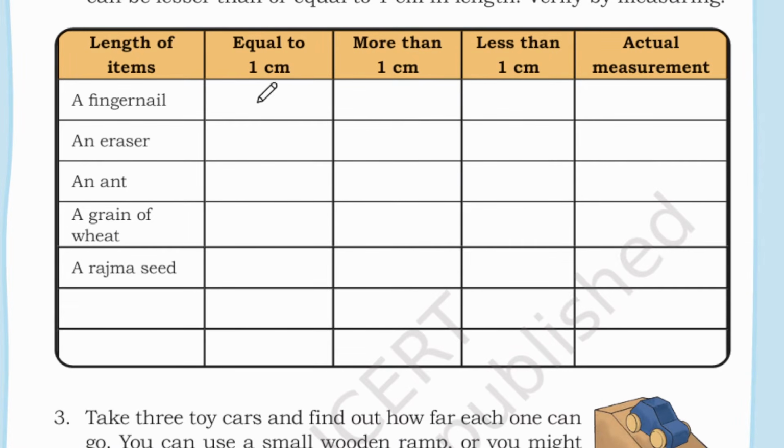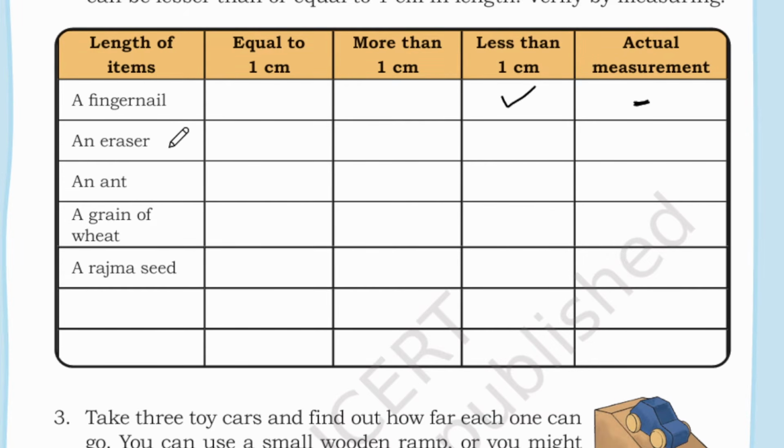So we need to find out whether it is equal to 1 centimeter, more than 1 centimeter, less than 1 centimeter. Okay, a fingernail. It depends upon the nail size. You are in class 4, so obviously the fingernail will be less than 1 centimeter. And if you want to measure the actual centimeter, you can measure it here and write the answer.